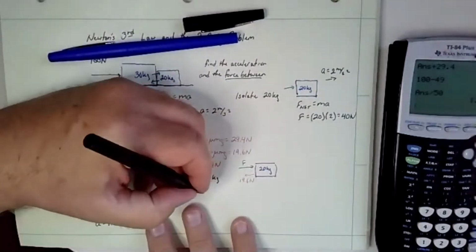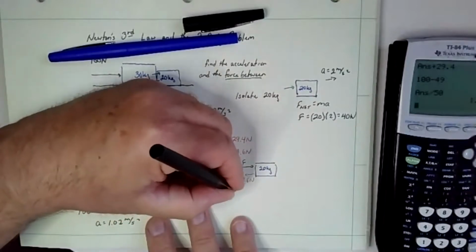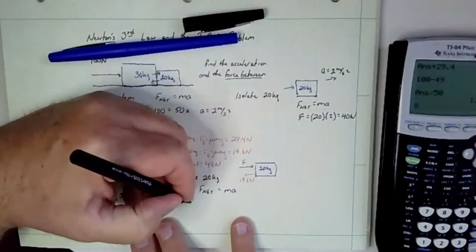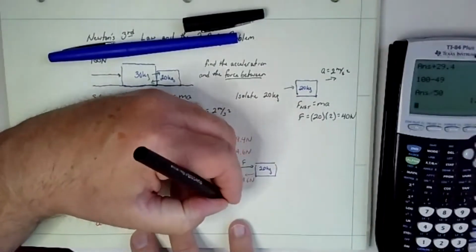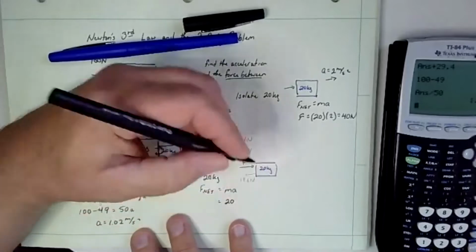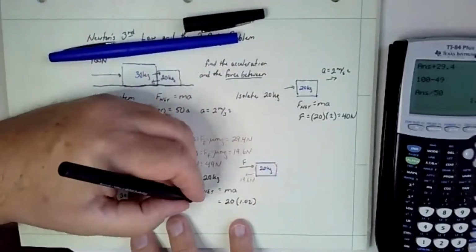So F net equals MA. And this is just a reminder, we're going to put the cause of the motion on the left side and what the motion's doing on the right. And so that's equal to 20 times, and what it's doing is it's accelerating at 1.02 meters per second squared.